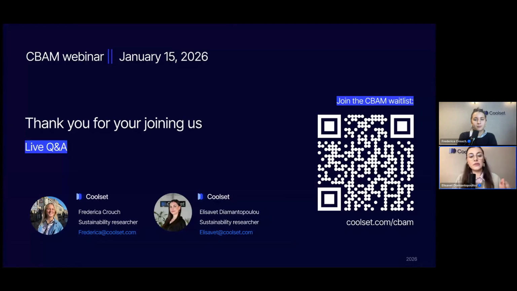CBAM certificate price is the same as the weekly average of the EU ETS price. So in our formula, we had the EU ETS price because it's exactly the same, and it could give you an indication on where you can find it. And then you're saying CBAM import weight. In ours we had, I think, emissions from that product. So how do you calculate this?